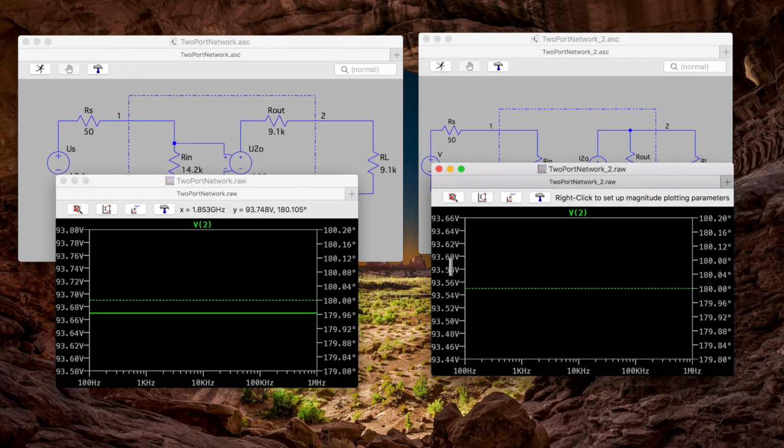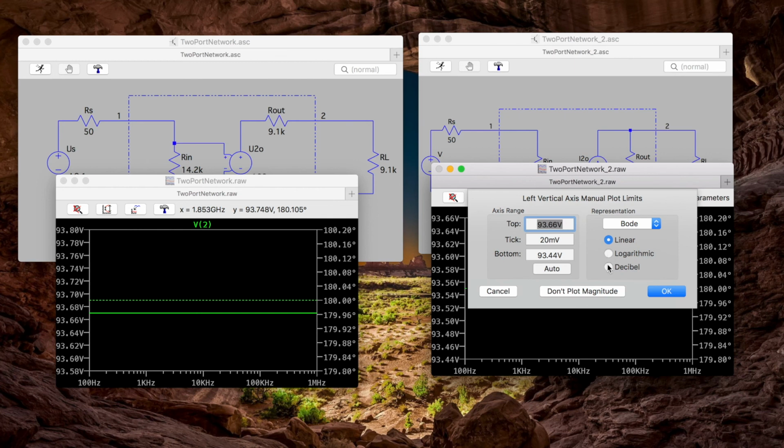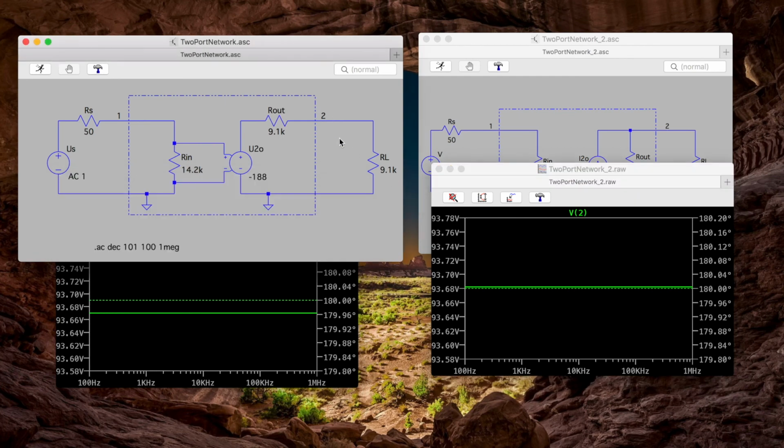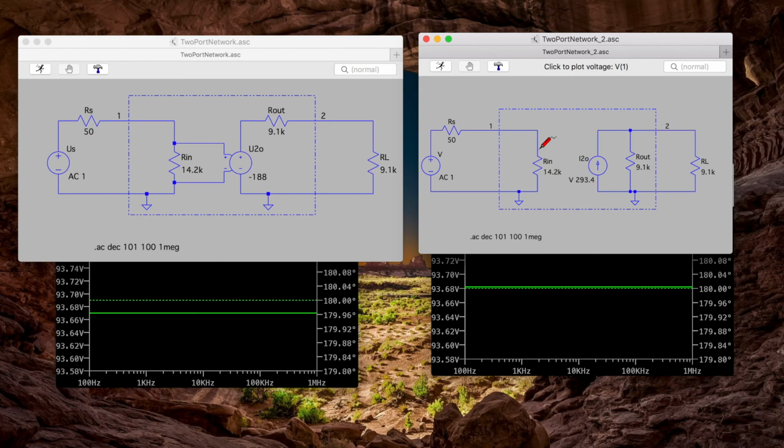And here we can see that we have the same results for both circuits, so it means that both circuits are equivalent.